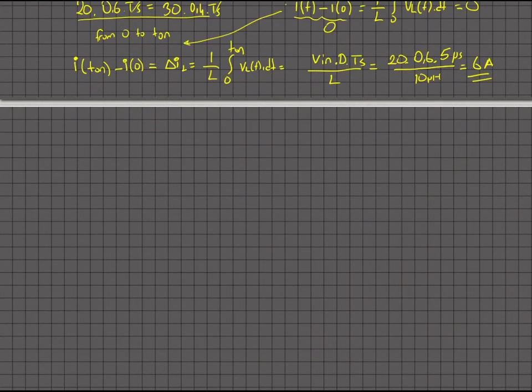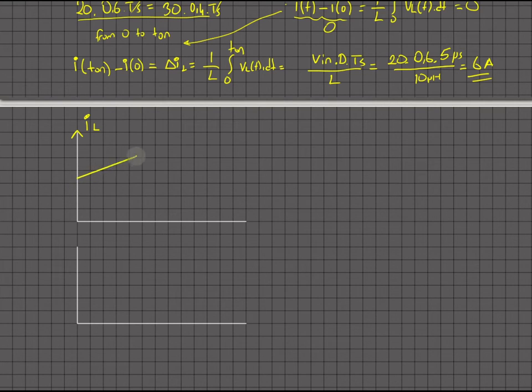So let me draw it from scratch. Again, let me draw a couple of coordinates, larger now. Let's say that is I L, and it is going from here.